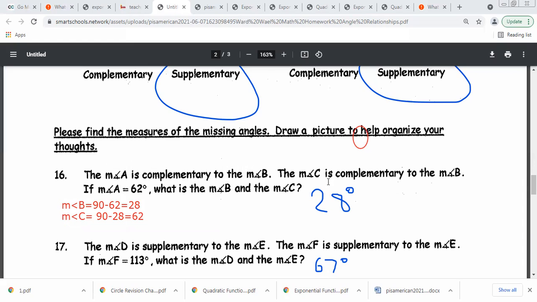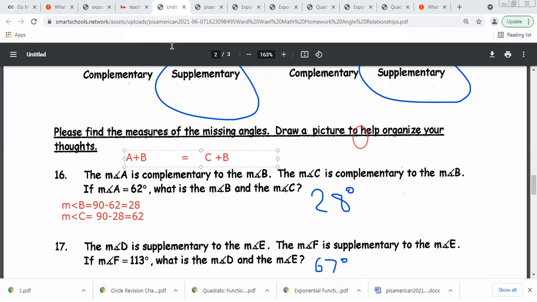We can note here that he said A and B are complementary, and C is complementary to B. So we can say that now C and A are equal in measure, right? Once A is 62, then C will be equal to 62. Because we said here at the top that A plus B are complementary, and C plus B also.